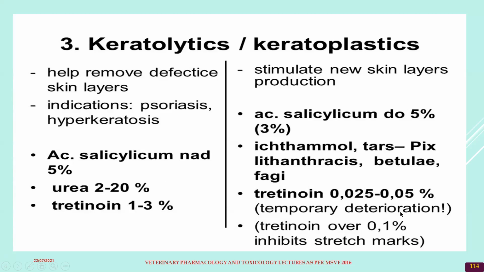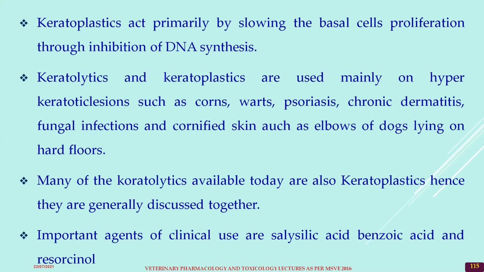These stimulate new skin layers and production, and also inhibit stretch marks especially. Keratoplastics act primarily by slowing basal cell proliferation through DNA synthesis. All these keratolytics and keratoplastics are used mainly on hyperkeratotic lesions, especially corns, warts, psoriasis, chronic dermatitis, etc.